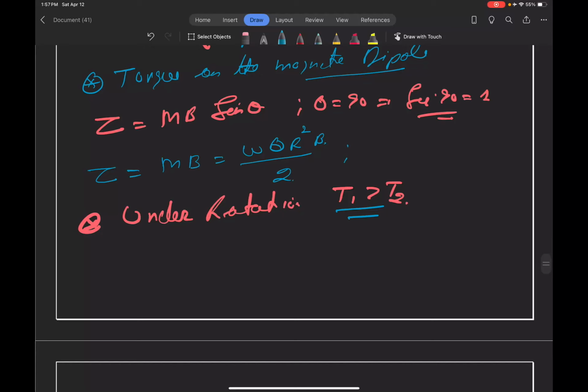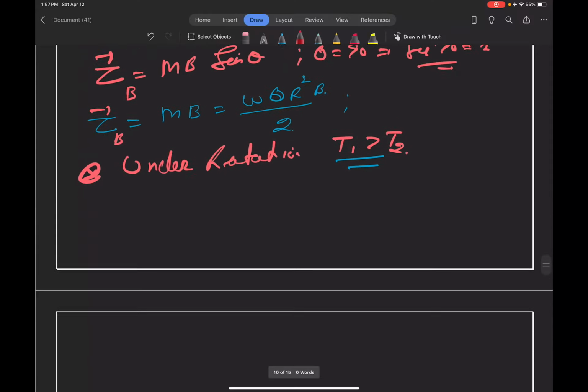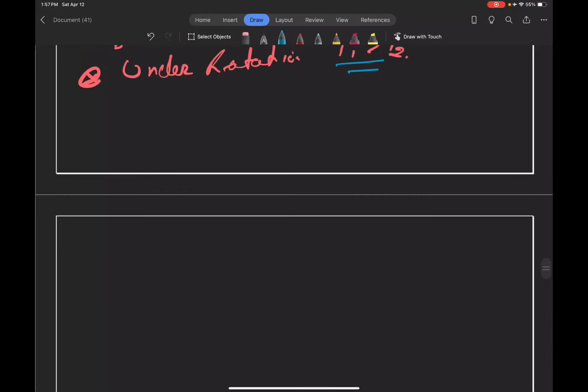So let us call this the torque because of the magnetic moment, and the net torque from the tension, let us call it tau t, which will be equal to T1 minus T2 times the distance between the two strings, d, so this will be d by 2.